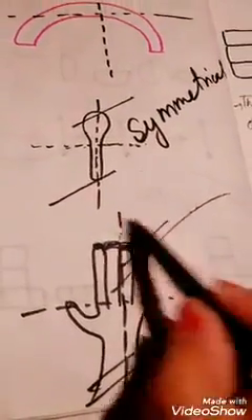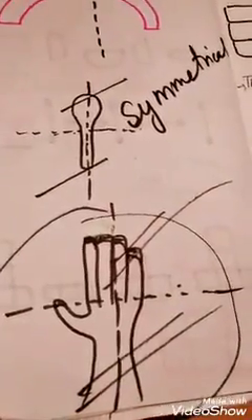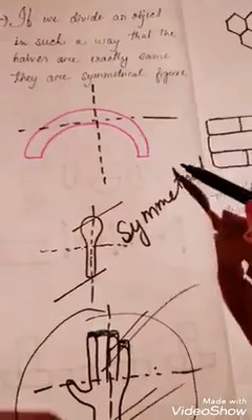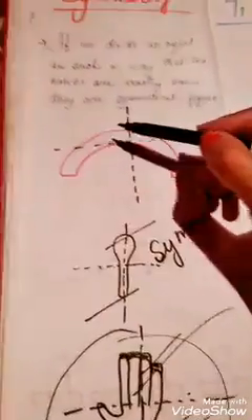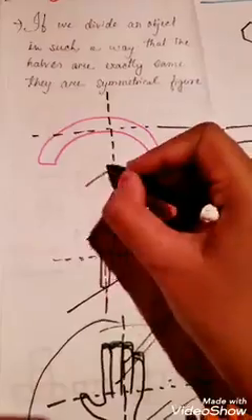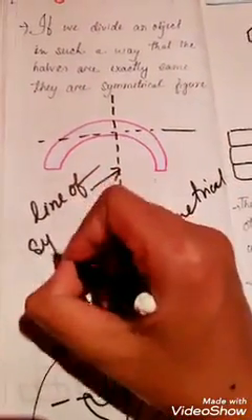So that means this figure is not a symmetrical figure. Okay, so I think you understood what are symmetrical and what are not symmetrical figures. So this line is called your line of symmetry. Okay, this is called line of symmetry.